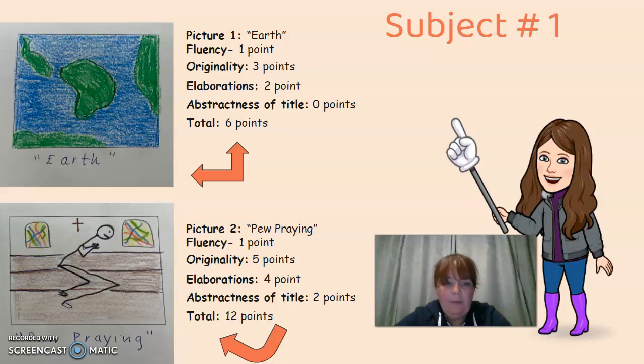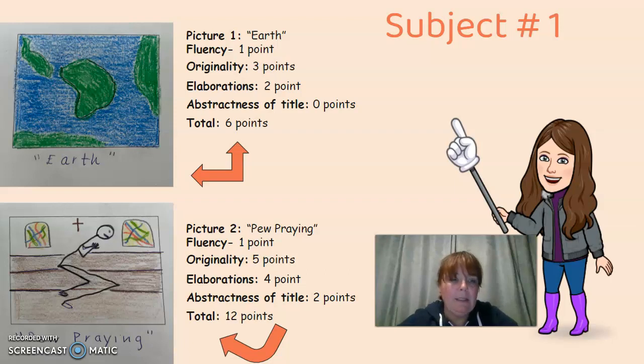So I gave 1 point for fluency, 5 points for originality, elaboration 4 points, and then for the abstractness of the title I gave 2 points, because I really felt like even without a title, I would look at this and see a meaningful picture.